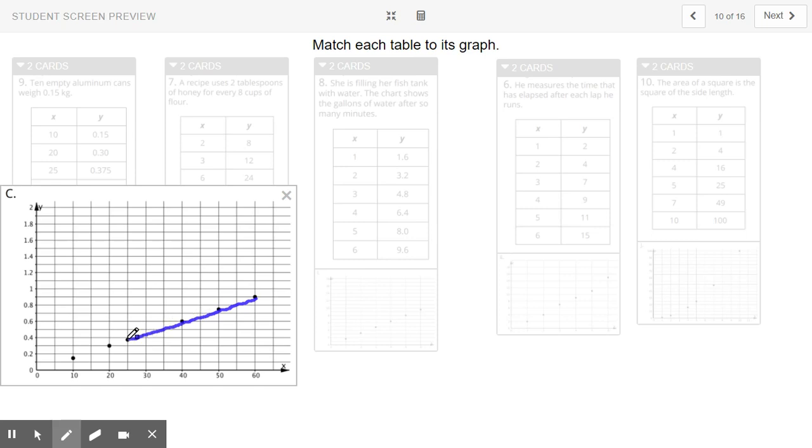Okay, so far it's looking pretty linear, isn't it? And it is indeed. If we look at the graph, we already know that this is a proportional table. And when we look at the graph, it does start in the origin. That's our first check. And it is linear. It is straight. So therefore, it's a proportional graph.